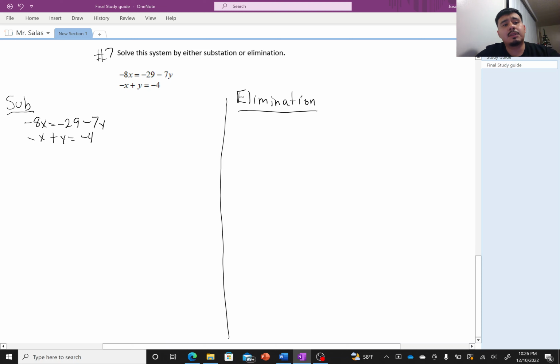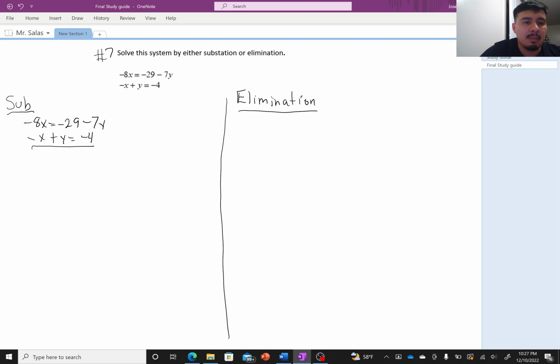So using substitution, I have to make one of the variables be by itself and plug it into the other. So if I'm looking at both of my equations, this second one looks easier to be the one that I use as substitution. Why? Because y is by itself. Since y is by itself and y is already positive, all I have to do is move that negative x to the other side, and I will be able to replace the y in the top equation.